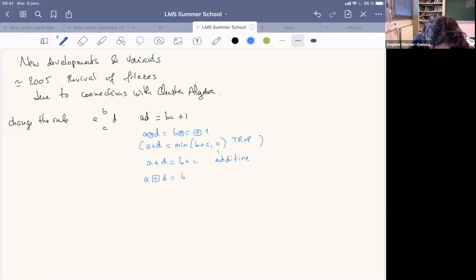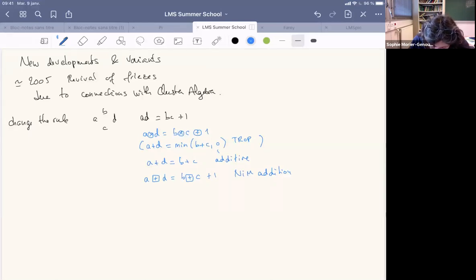I don't know if you know what it is. Every time people come with a new version of frieze, there is always something very interesting from the viewpoint of combinatorics or geometry. And for instance, with this rule, we always have the periodicity and the glide.